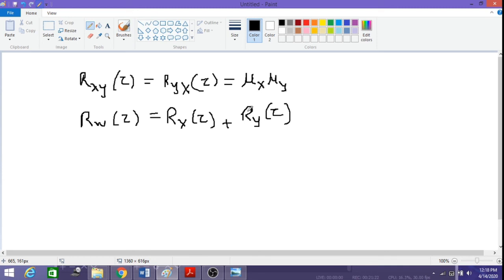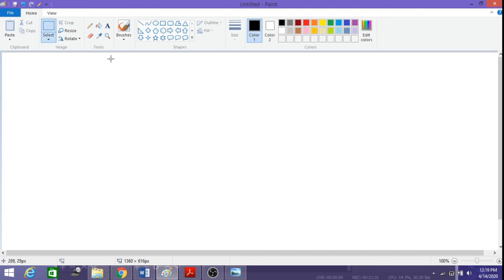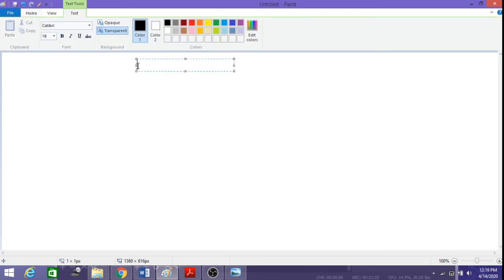Now what happens if the two random processes are multiplied? Let us take the next case here. Let me clear this screen. Let me write here: multiplication of random processes.